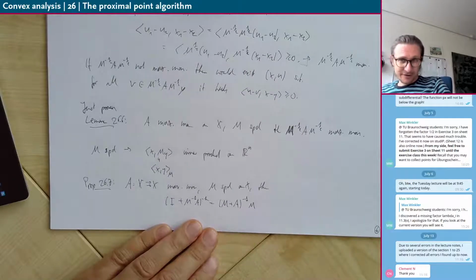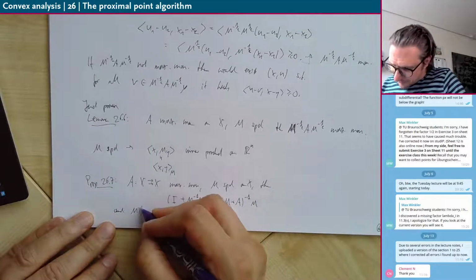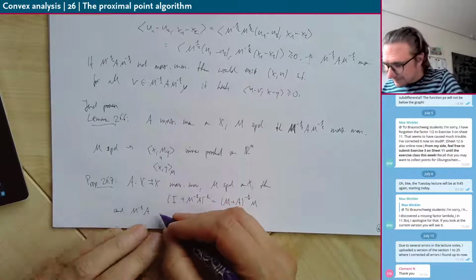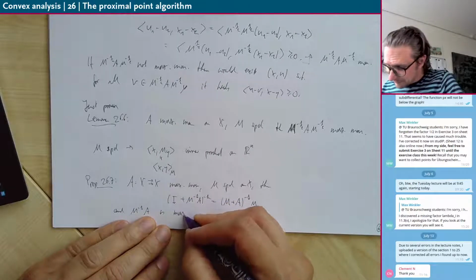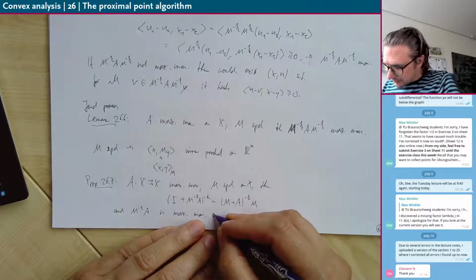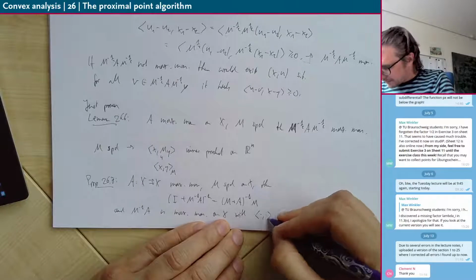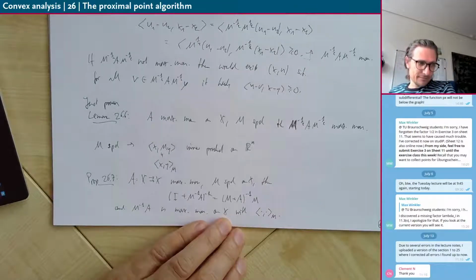If you have chosen your M, you can just apply this straightforwardly. And moreover, M to the minus 1 A is maximally monotone on X with this inner product here.